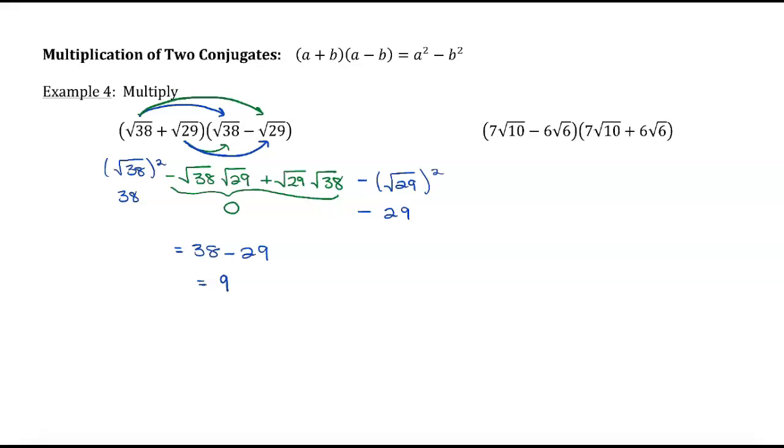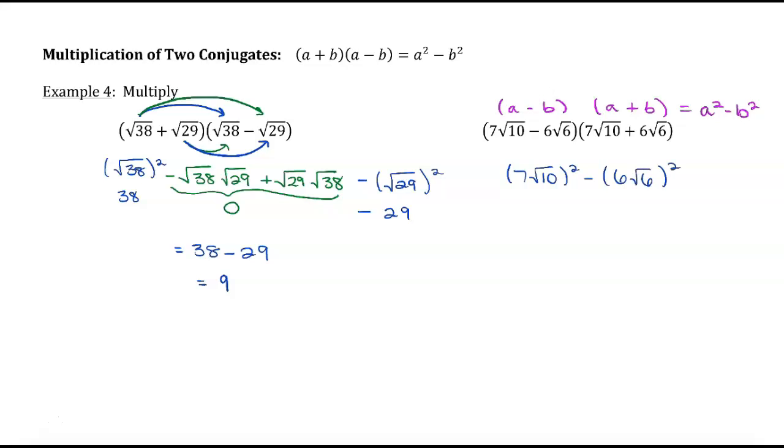We have 7 root 10 minus 6 root 6 times 7 root 10 plus 6 root 6. We have a minus b times a plus b. So we know we'll have a result of a squared minus b squared, which in this case will be 7 root 10 squared minus 6 root 6 squared.